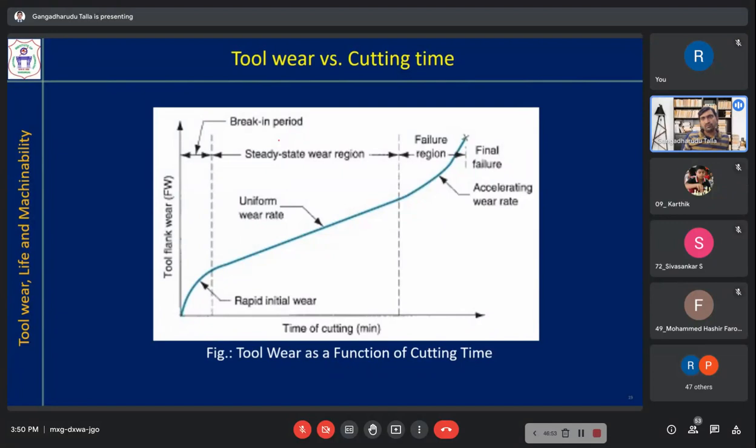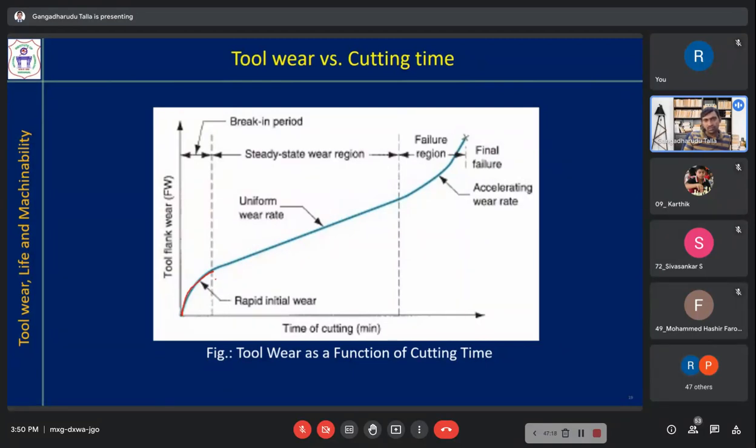Now, tool wear versus cutting time. So consider a turning process. You have started the cutting, just started. So in the initial stages, at the beginning time, there will be rapid tool wear. Tool wears very rapidly for some time.